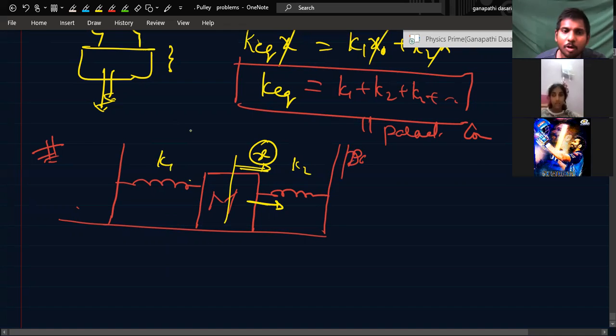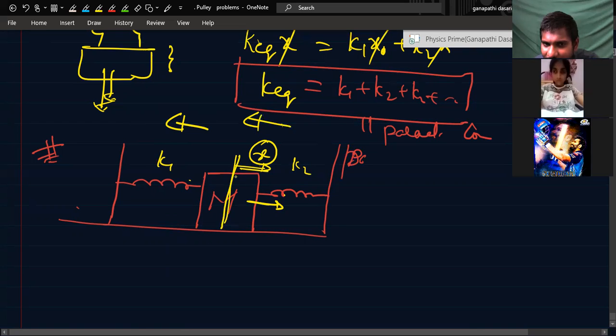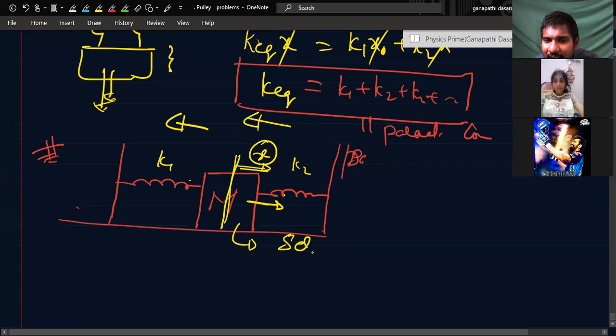The forces will be in different directions, but both want to bring the block back to its normal position. Both springs are acting in the same direction with the same displacement. We might think it is a series combination, but it is not. It is a parallel combination.